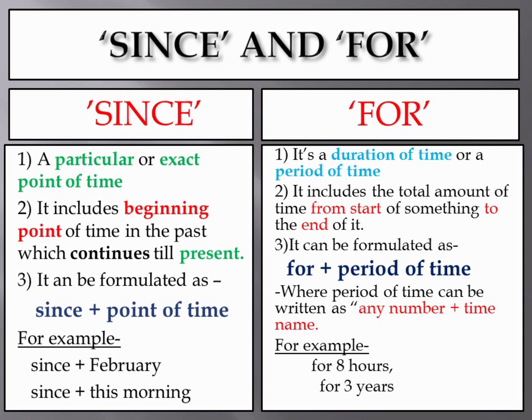Since includes the beginning point of time in the past which continues till present. That means it has started in the past and it is still continuing. But for includes the total amount of time from the start of something to the end of it, till the present.